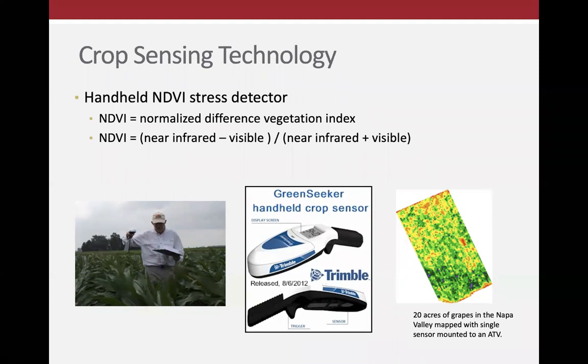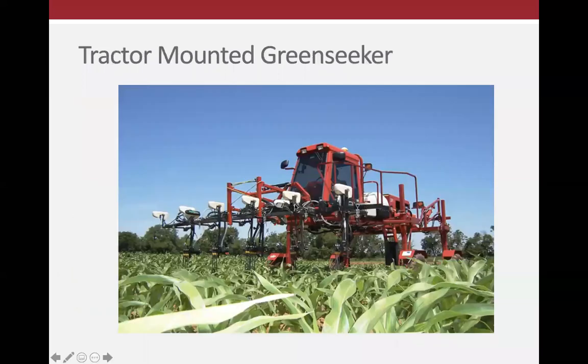We can take technology like that and we can mount them on, say, fertilizer booms. And actually, this is technology that came out of Oklahoma State quite a while ago, thinking about using this as a variable rate on-the-go applicator.